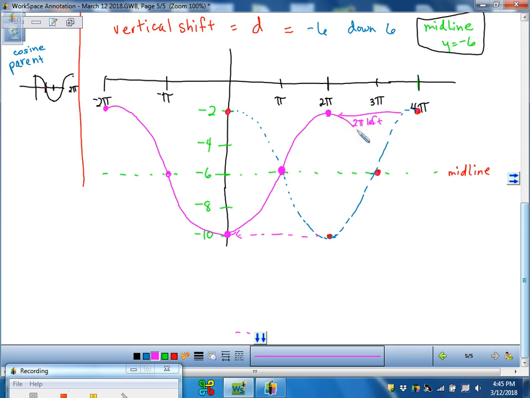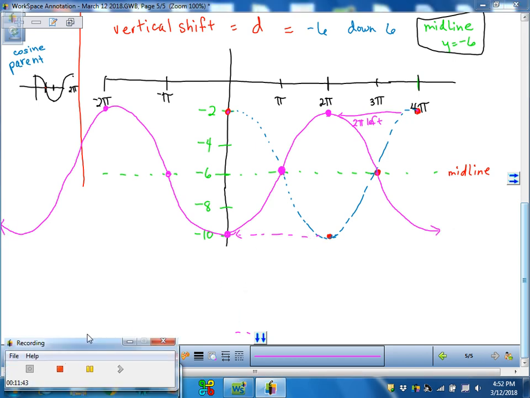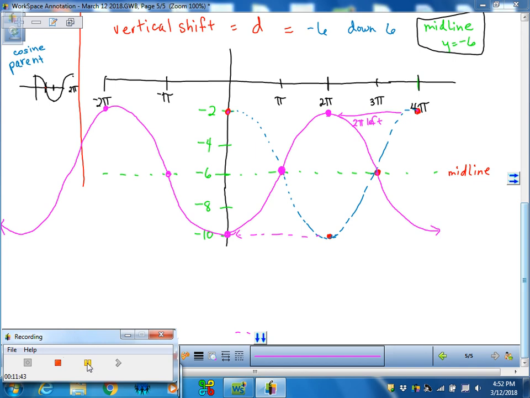And once you've got where your initial function is, you can add in a little bit of extra to show that it continues on forever. Okay, so this is your graph. Go ahead and pause, finish copying it. We'll do one more example.